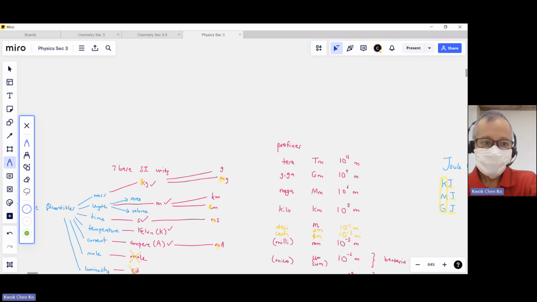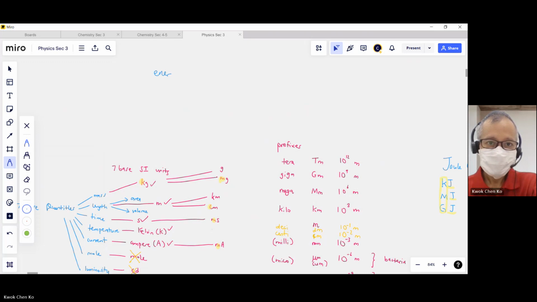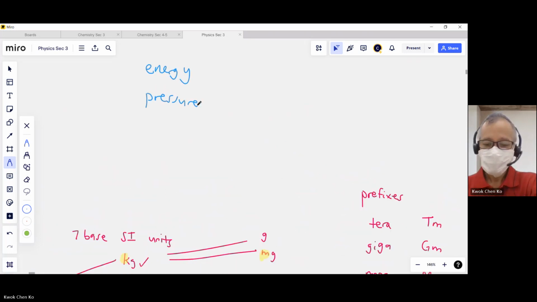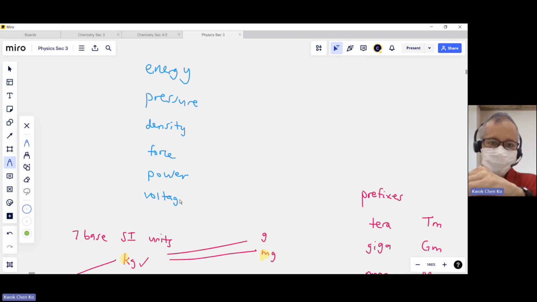In fact, I'll give you a few examples, which you need to know, by the way. I have energy, pressure, density, force, power, voltage, of course.